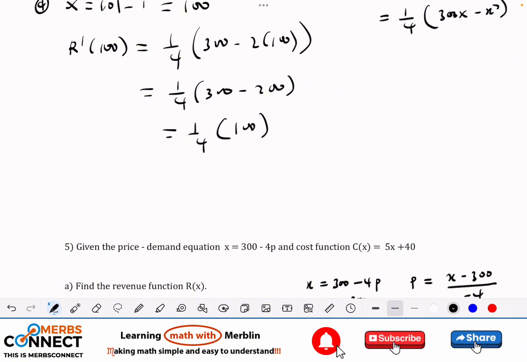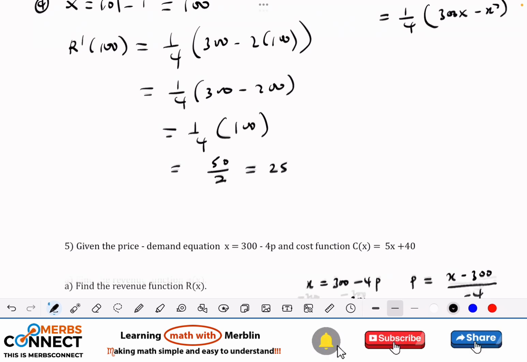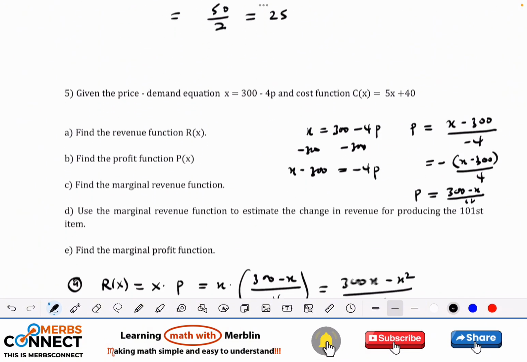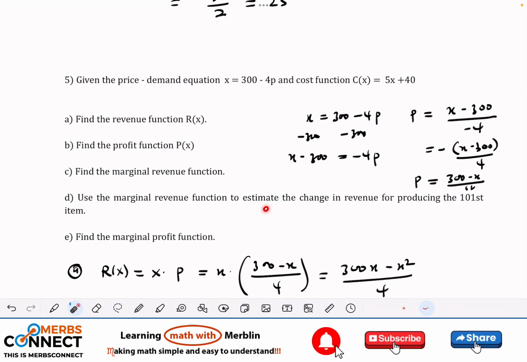Can 4 divide 100? Let's see. 100 divided by 4 is 25. So 25 will be the estimated change in revenue.